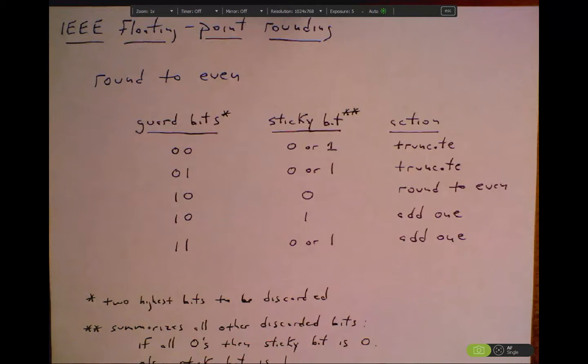It's based upon the guard bits and the sticky bit, which I illustrated in the last example. The guard bits are the two highest bits to be discarded. Again, you can only keep 23 bits in the significand, so we're talking about the guard bits being bit 24 and 25.